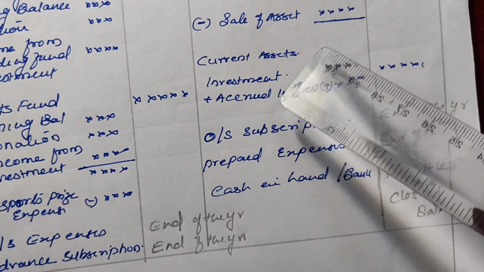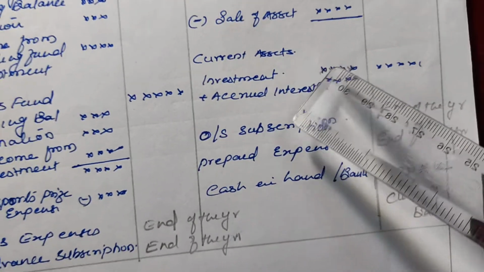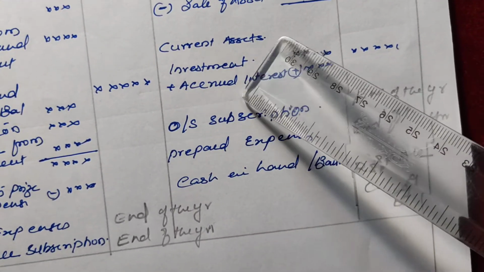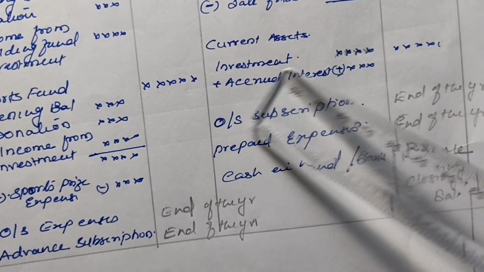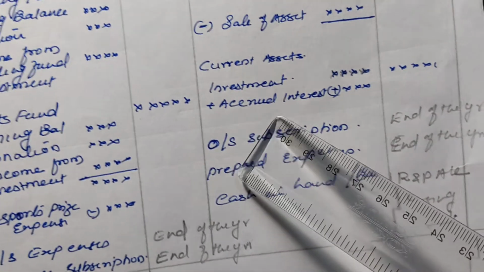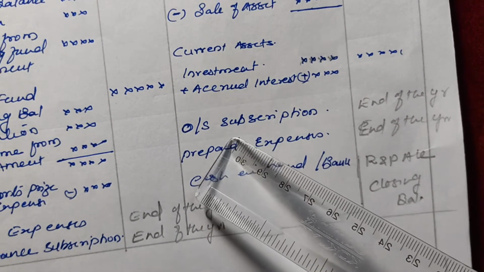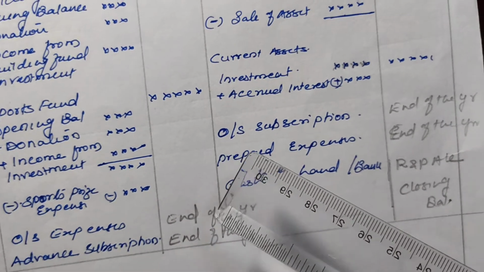Accrued interest will be added to the investment. If it is fixed deposit or government securities or bonds, all of those are considered as investment. It will be given in the question under different names, but we have to record that as an asset, and you have to add accrued interest. Okay, next is outstanding subscription, which we recorded in the opening balance sheet also.